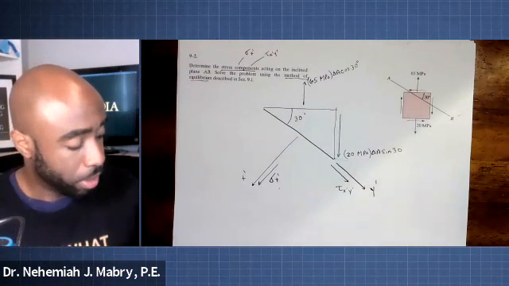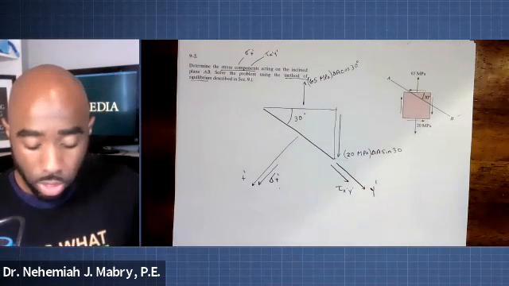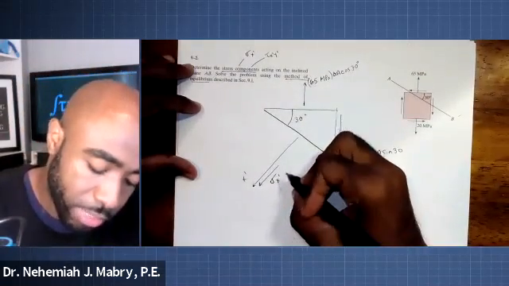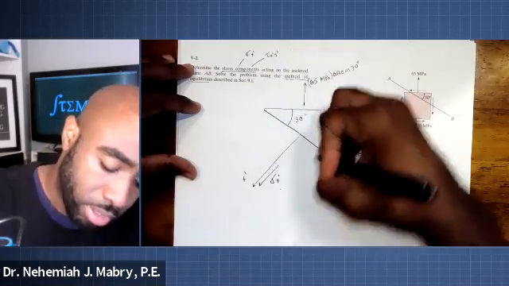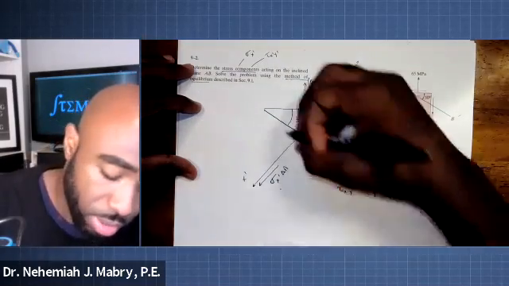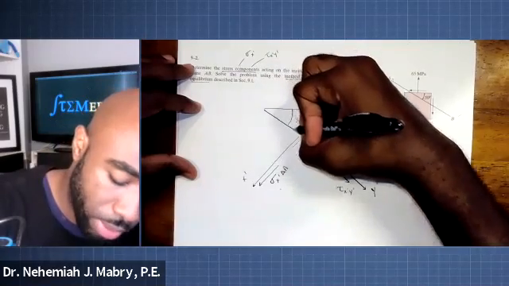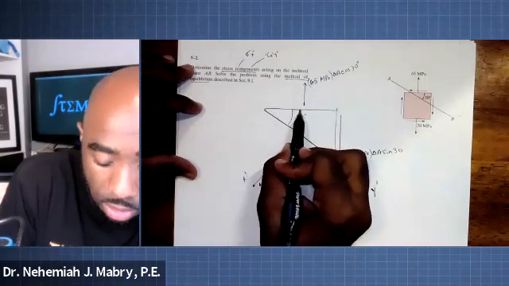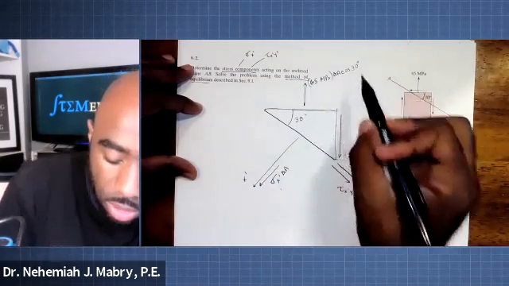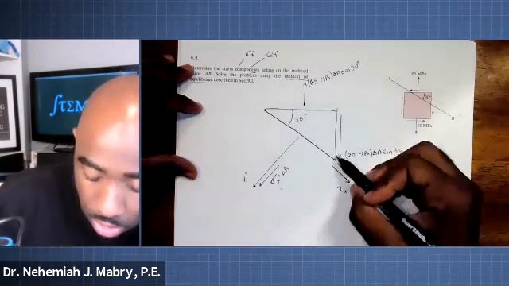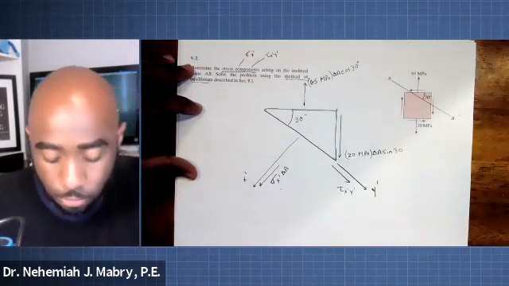All right. Now, what we also need to remember is that this is going to be sigma sub x prime times delta A, because we're taking the stress times this little area. We're distributing across that area in the same way we distributed it across this area, writing the delta A cosine 30, and we distribute across this area, the delta A sine 30 on that side, right?